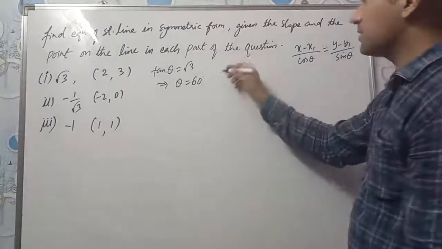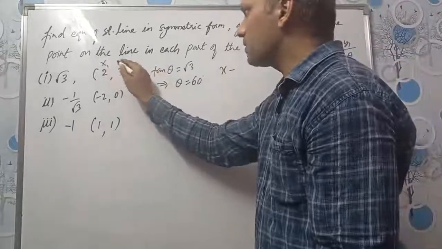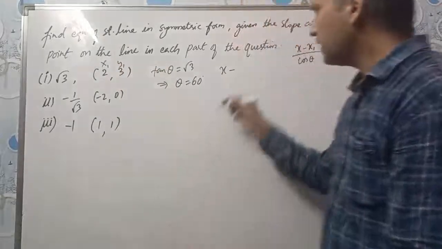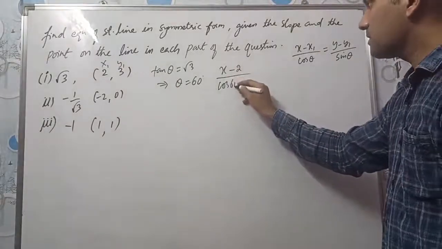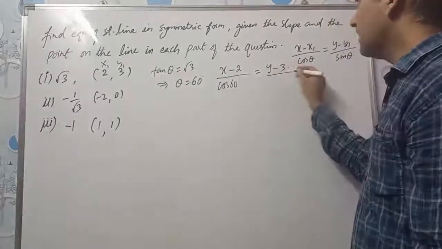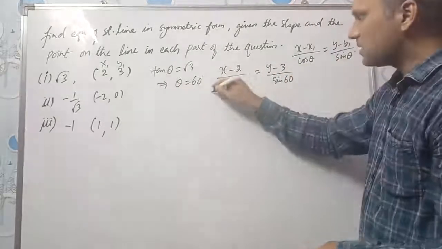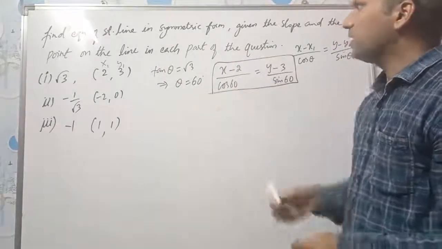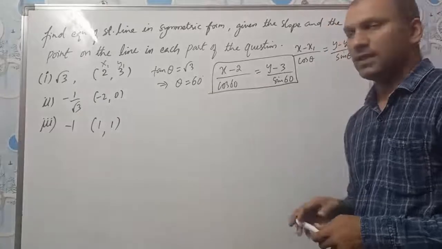Let us do the first problem. x minus x1. See, this is x1, this is y1. So x minus x1, that is 2, divided by cos 60 is equal to y minus y1, 3, divided by sin 60. That's all. This is the symmetric form of the straight line.